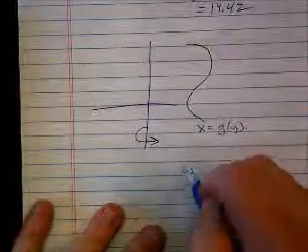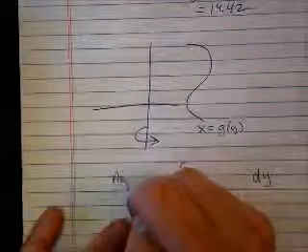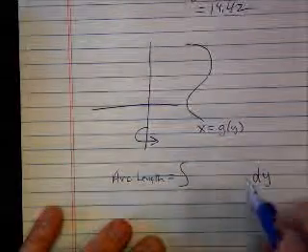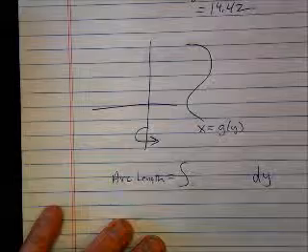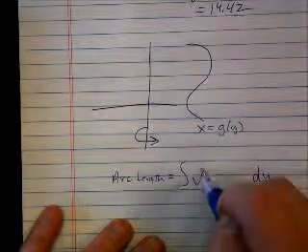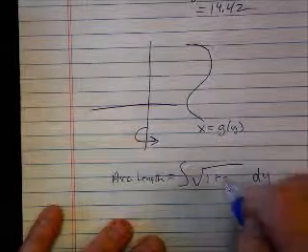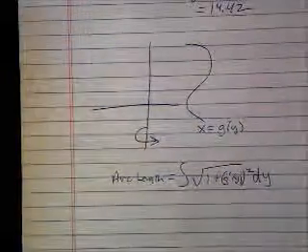Okay, I would have dy on the end, if I'm doing arc length. What would I have on the inside? Square root of 1 plus g prime of y squared. So you can spin around the y-axis.